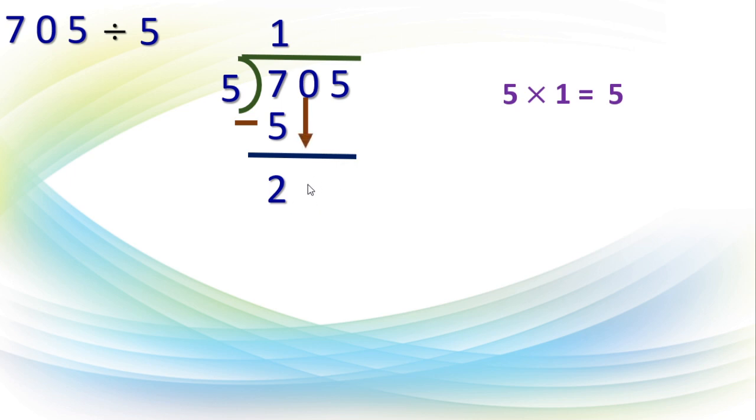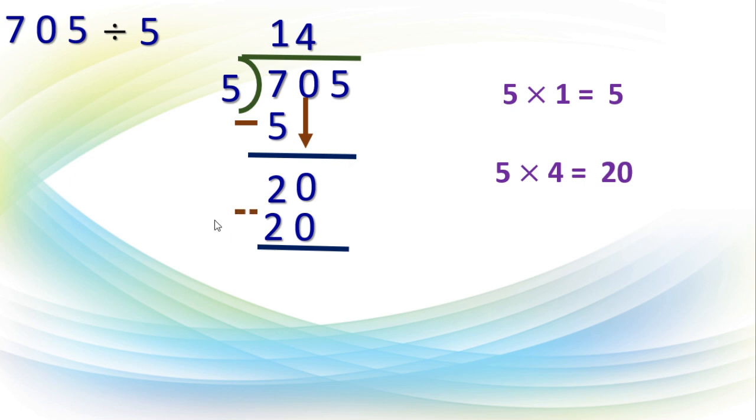When we give this 0 here, then it becomes 20. Isn't it? It has the value 20. And now we will divide 20 by 5. 5 4s are 20. 4 we will write beside 1. Now we will write 20 here. 20 minus 20 is nothing but 0. Now what remains? This 5 remains. Now take this 5 down.